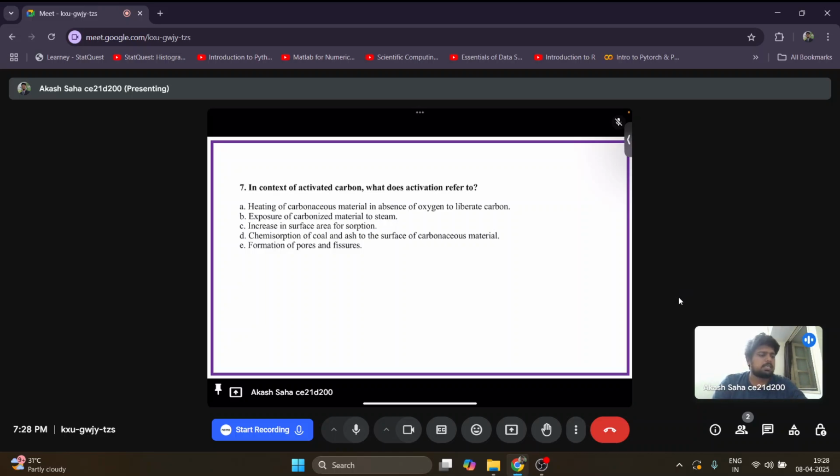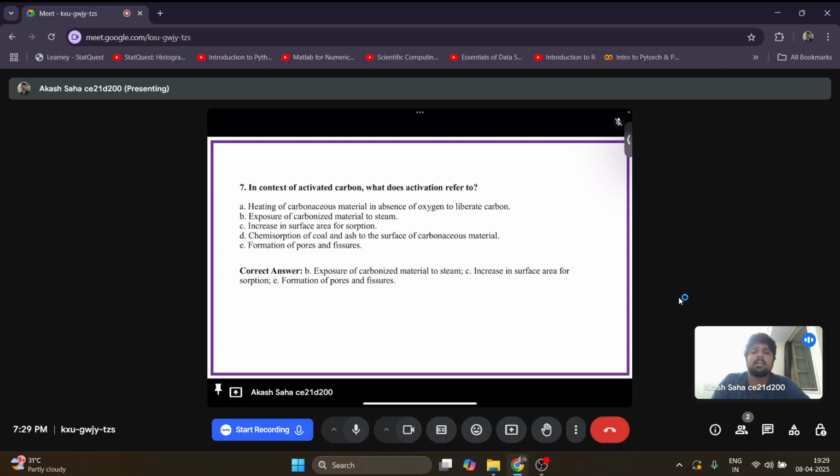Okay, let's discuss the answer. So the correct answers are option B and option C and E, right? When we talk about activation, it generally means that the material is exposed to some kind of steam, and it helps in increasing the surface area of absorption as well as the formation of more pores and fissures. Generally in the absence of oxygen, pyrolysis will happen.